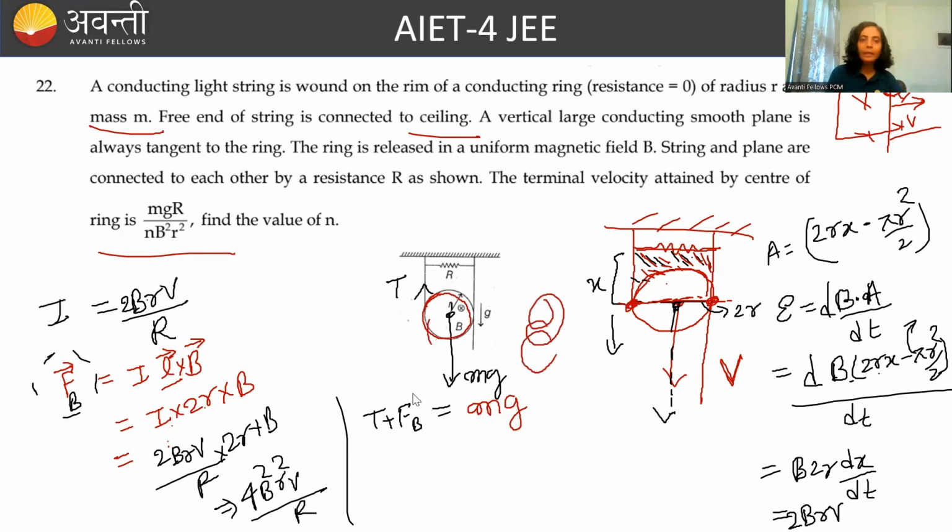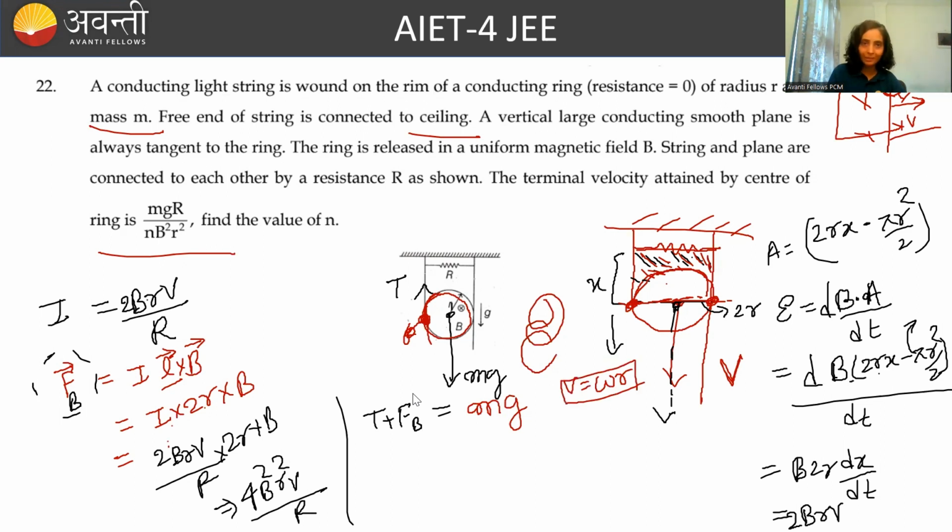Since this is falling down with constant velocity, the velocity of a point on the ring will also be constant. And if velocity is constant, it means its angular acceleration will be 0. Because if angular acceleration is not 0, its omega will increase with time, and since V equals omega R, V will also change.